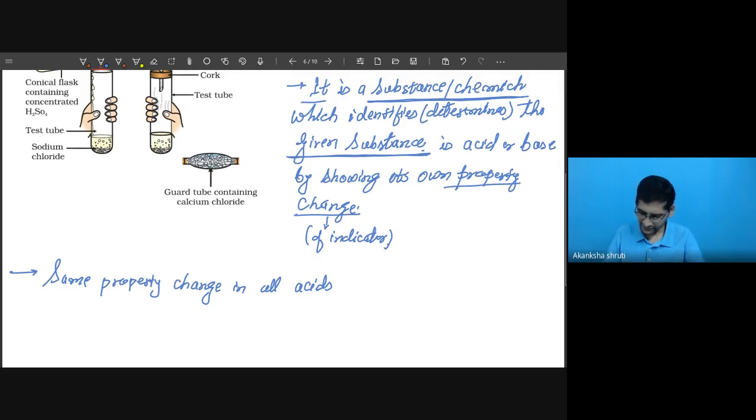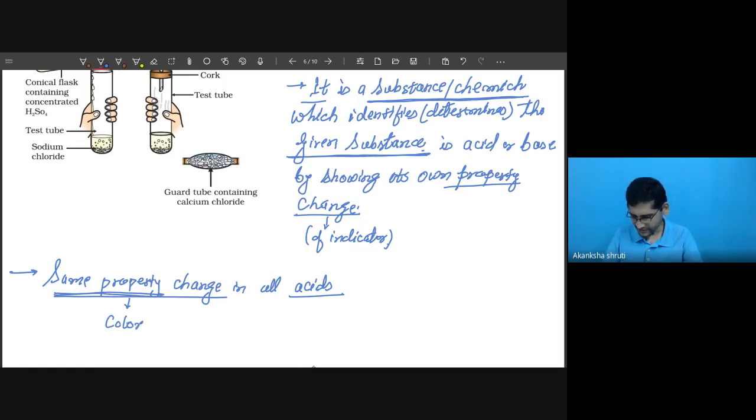If we are considering acids, the color of the substance or indicator is going to change, then irrespective of the acid, the same color change will be indicated. Example, which property? This is the color of the indicator.